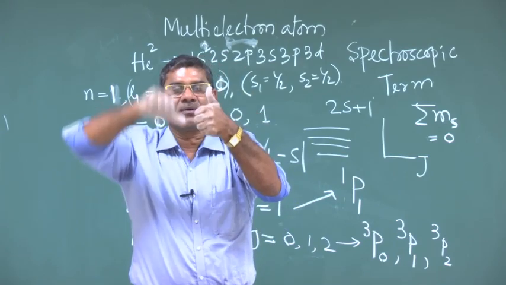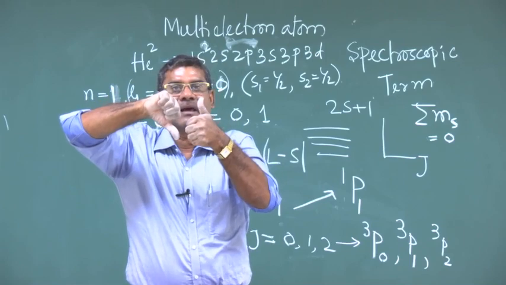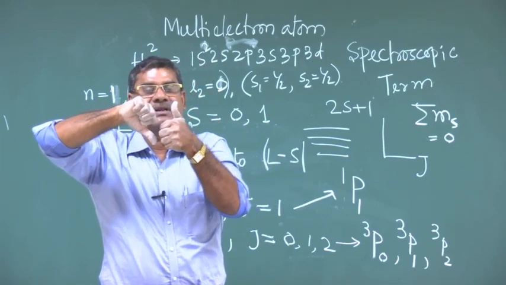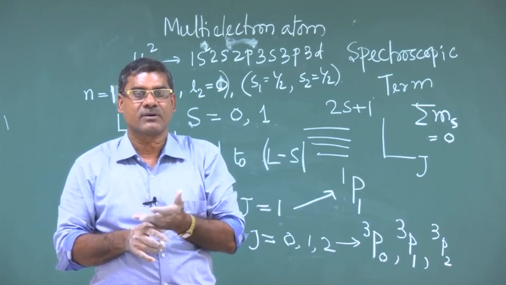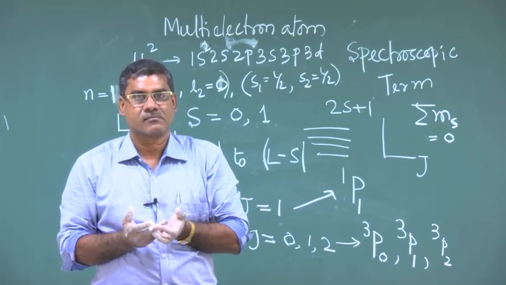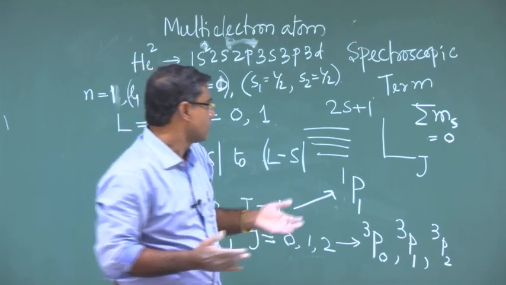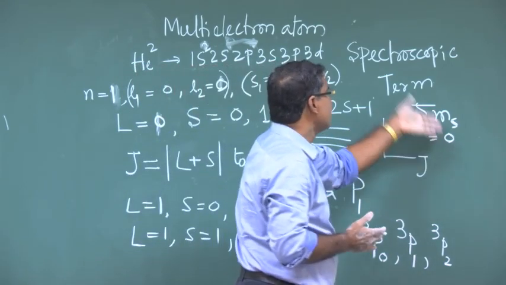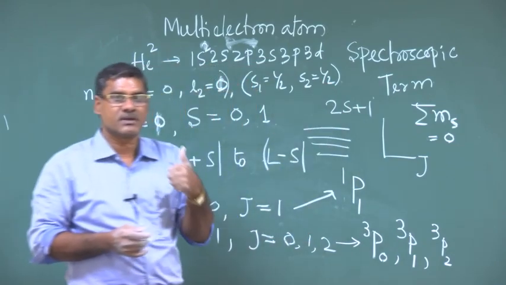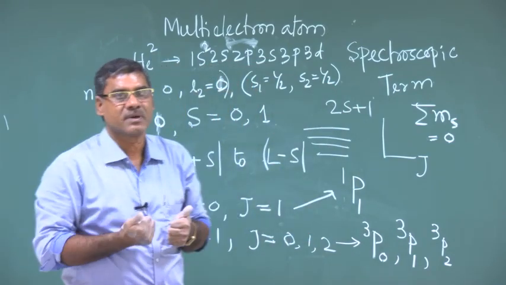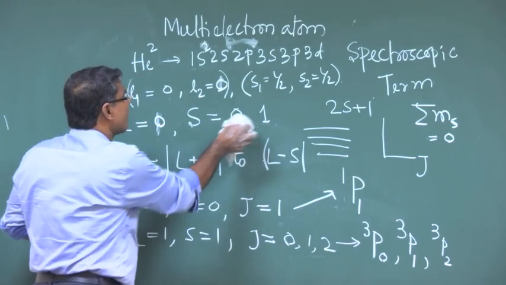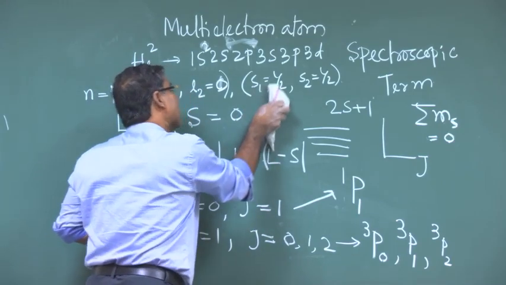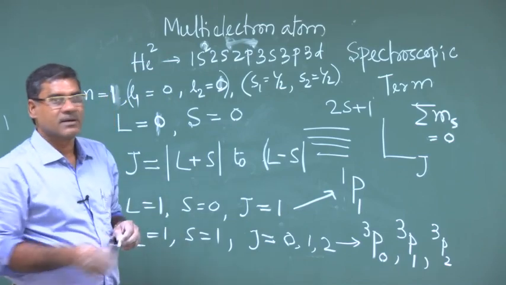If one is up and one is down, then the MS value has to be 0. Correspondingly, if S equal to 0, the total MS will be 0, meaning if an individual MS is plus half, the other has to be minus half. So, the S equal to 1 case will not be allowed as per Pauli's principle.